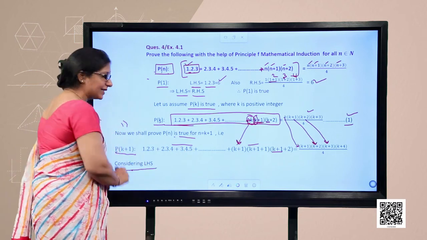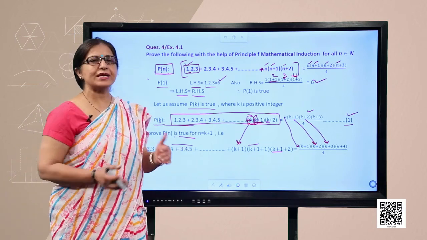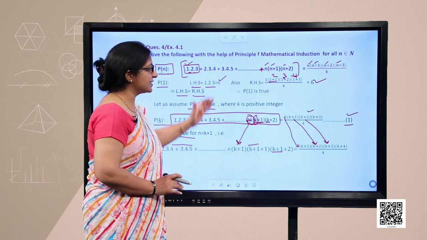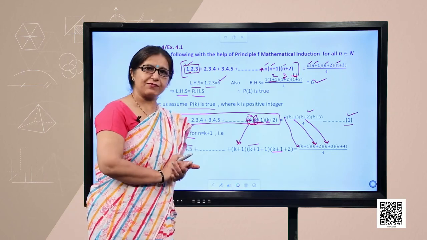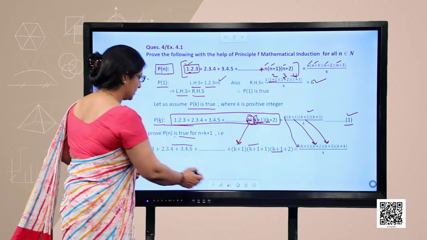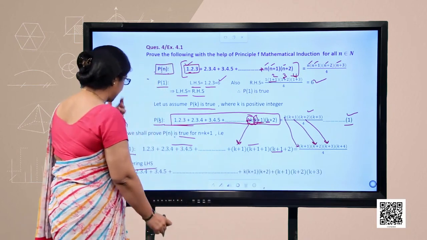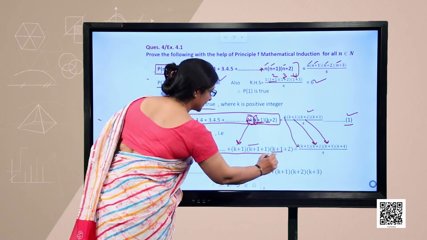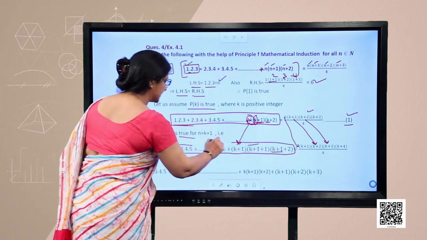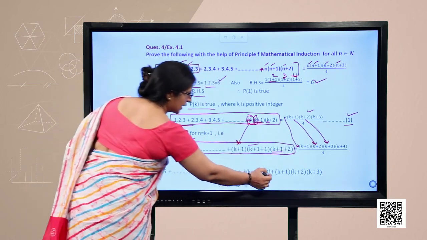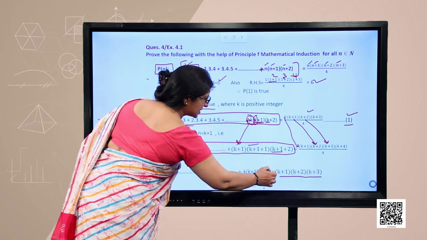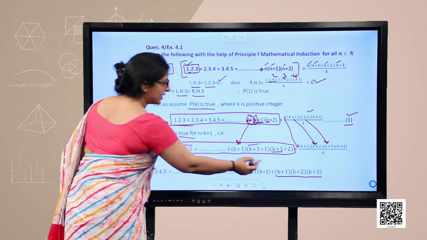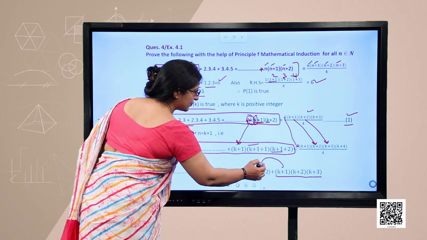Now, we will consider the left hand side as usual. In every question of this type, we need to take the left hand side first. So, in the left hand side, this is the expression till the k plus 1th term. And what is the term before the k plus 1th term?